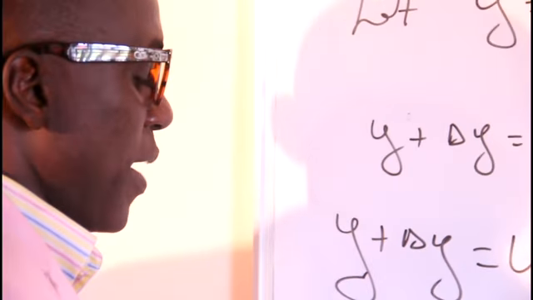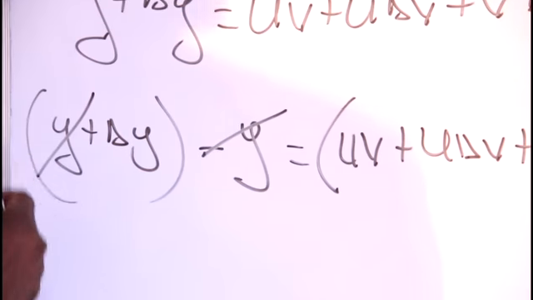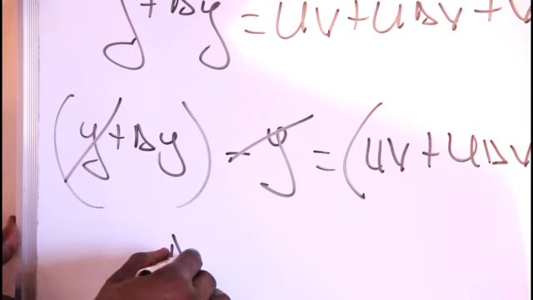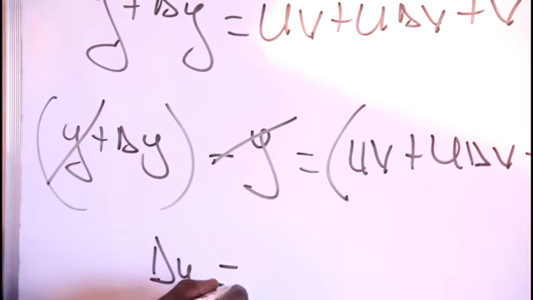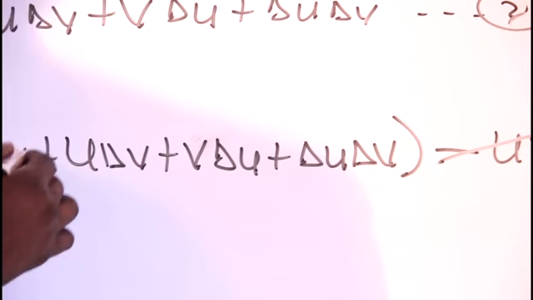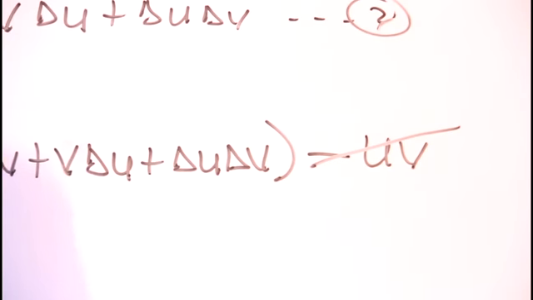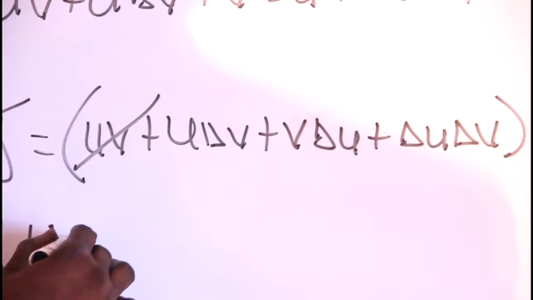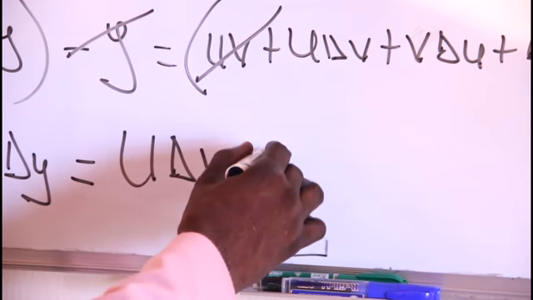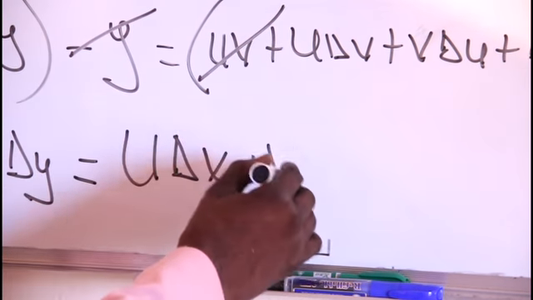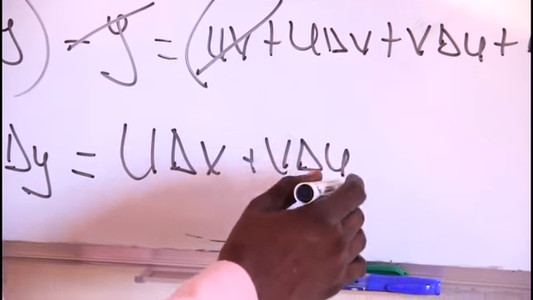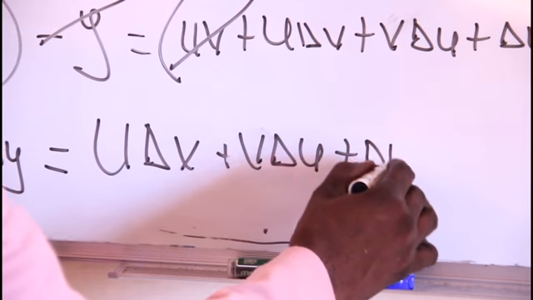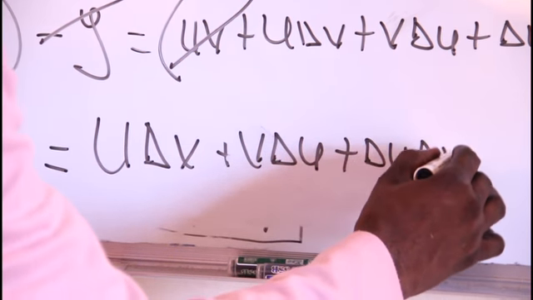By the time you expand your bracket, this will strike this out. I'll be left with change in y equal to, now this uv will subtract out this, a number and its additive inverse. That will give me u change in v plus v change in u, plus change in u change in v.